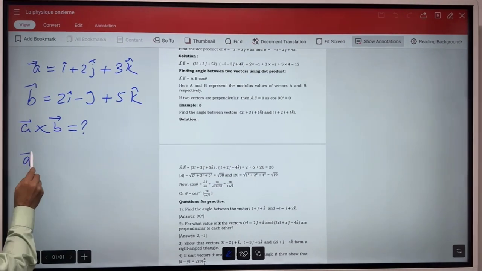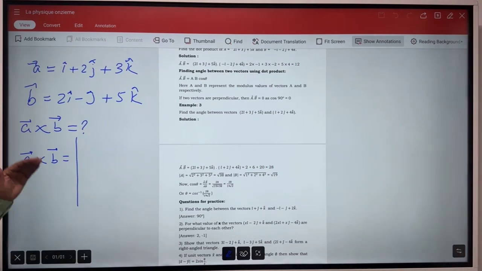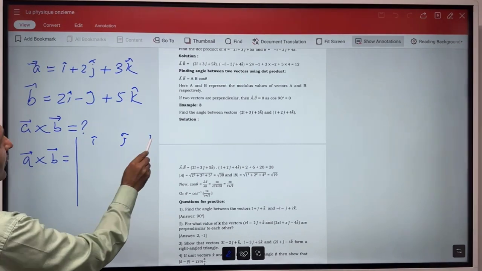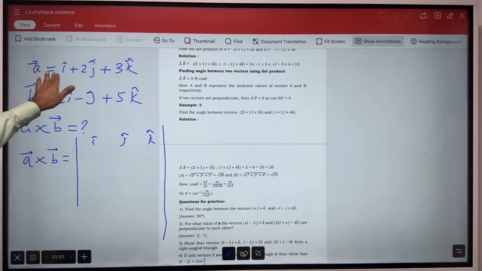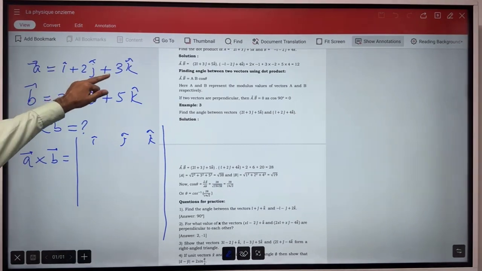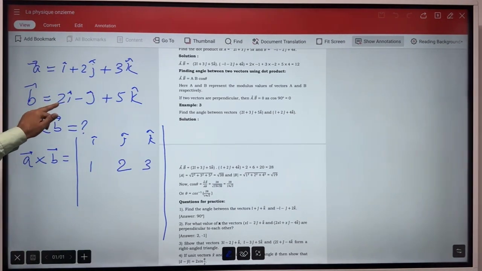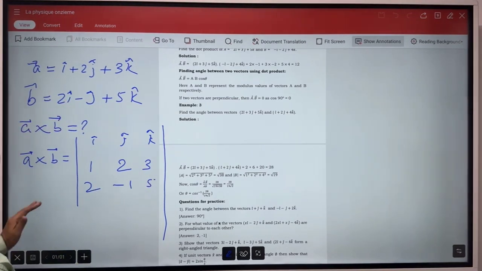So we can write A cross B is equal to the determinant of order 3. First we write I cap, j cap, k cap. Then we put the coefficients of the first vector, so 1, 2, 3. Then we take here this number 2, minus 1 and then 5.